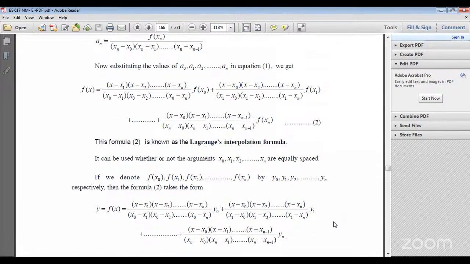We denote f of x0, f of x1, f of x2, and so on, f of xn by y0, y1, y2, y3, y4, and so on, yn.